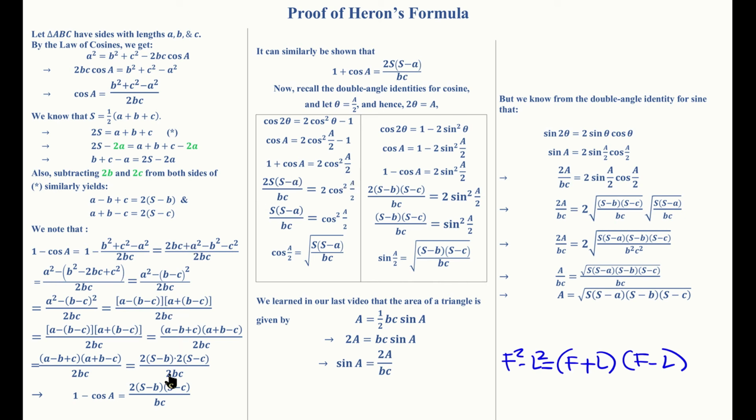So if you recall, we had derived a formula for 1 minus cosine a, and you could also, in a very similar manner, show that 1 plus cosine a, if you go through the exact same process but with a plus, will simplify a different way into this.